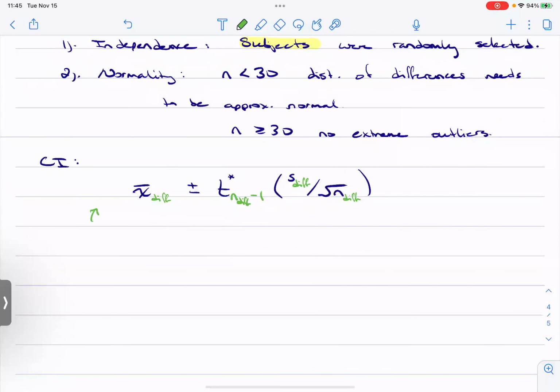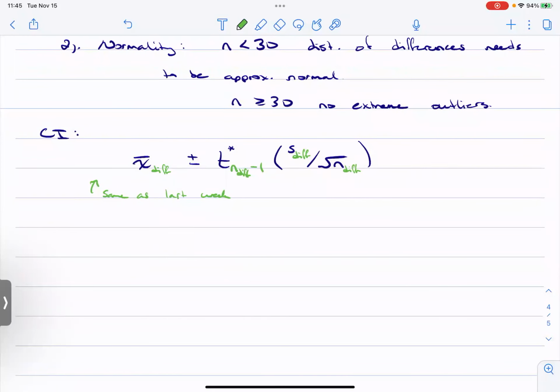So same as last week. When we worked through one sample means, we spent some time developing the t distribution, but that's all we did. Same as last week, except we're now analyzing the mean difference.